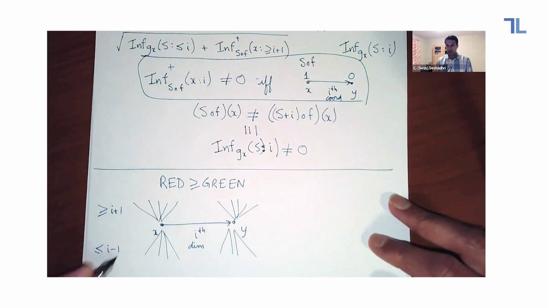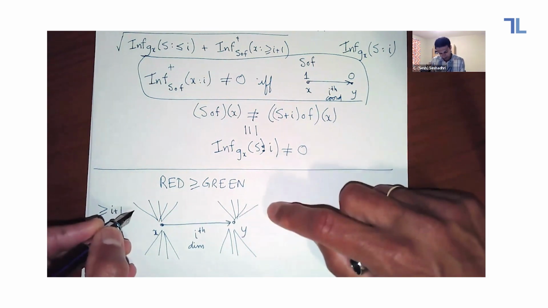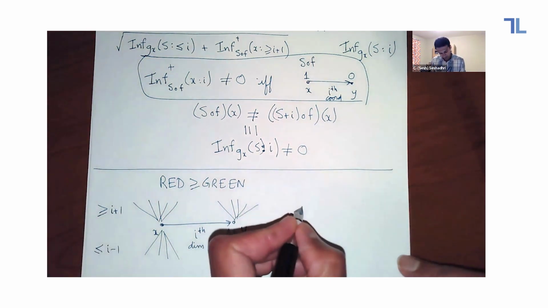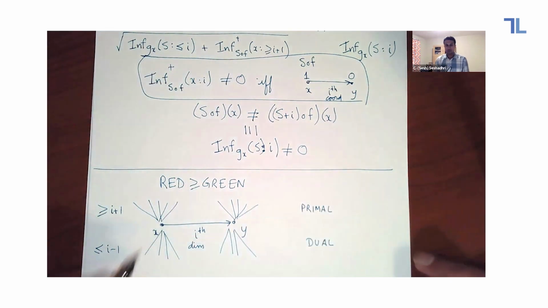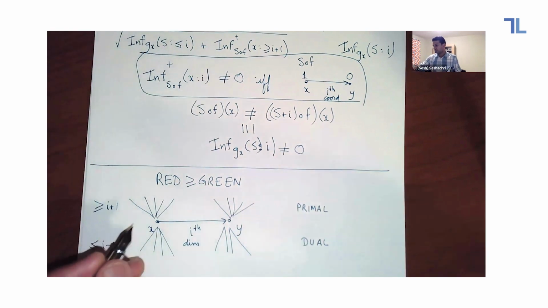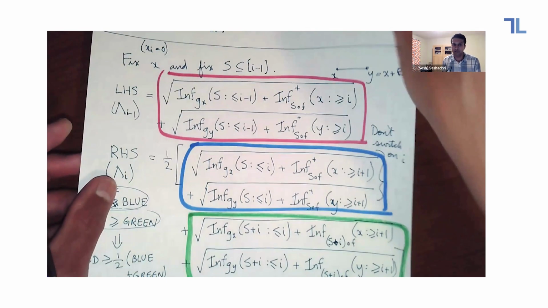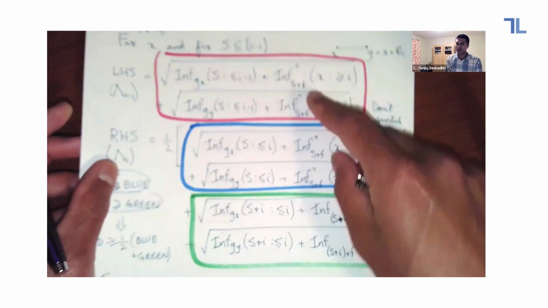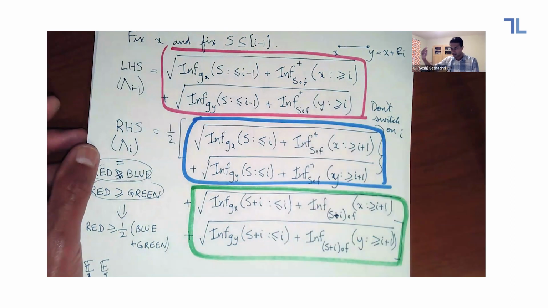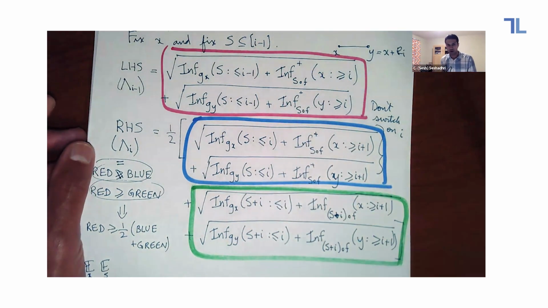So remember, over here, this is like the primal above, and over here is the dual. So for convenience, remember, the function that I'm looking at over here is this s circ f, right? Because I have fixed a subset S of I minus 1. So I'm looking at s circ f, which is just f, and I've switched on all the coordinates in S.